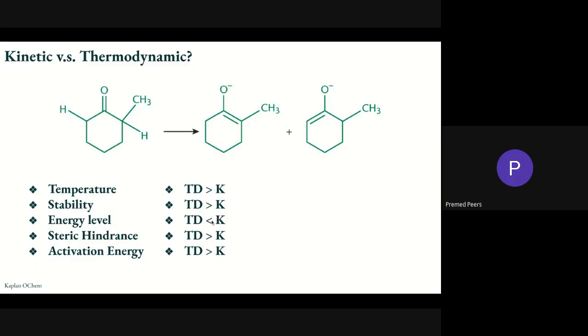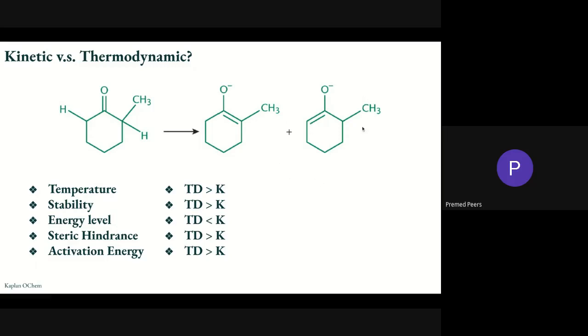And if you untangle it piece by piece, you'll recognize that the one we have been talking about that has greater stability, lower energy level, greater steric hindrance though, and greater activation energy required, and thus is favored at higher temperature, is the same one: the left product, the thermodynamic species.